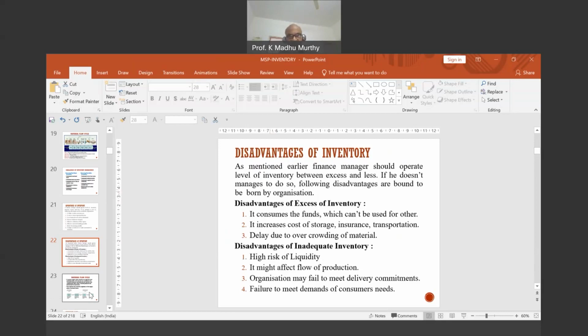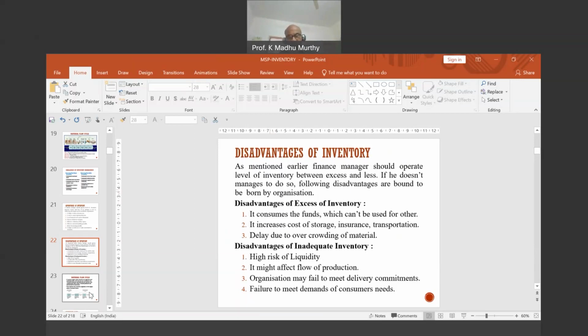It not only increases cost of storage, but also other incidental costs of transportation and insurance. And if you are overstocked, then identifying materials of necessity probably is a difficulty. Overcrowding of the store leads to operational difficulties.